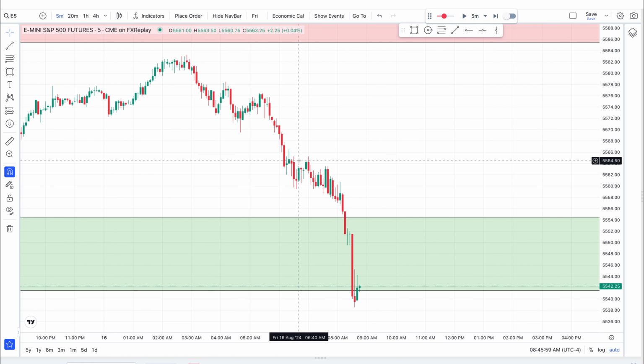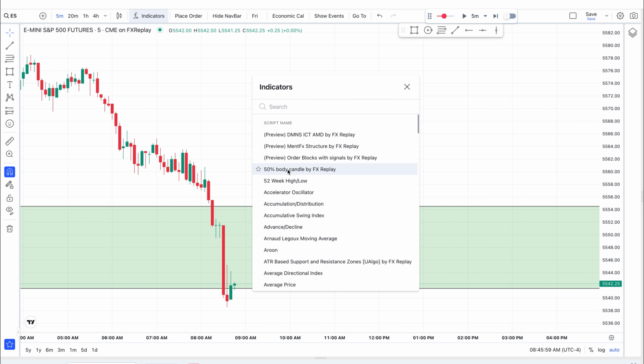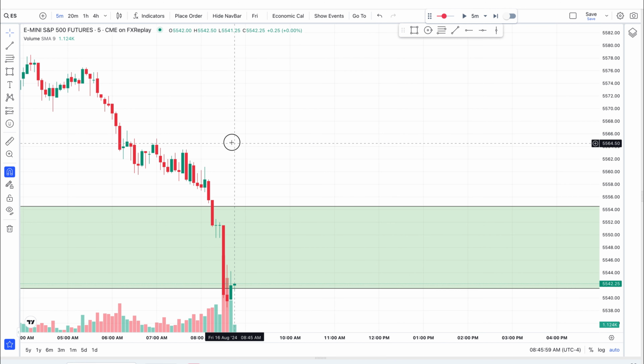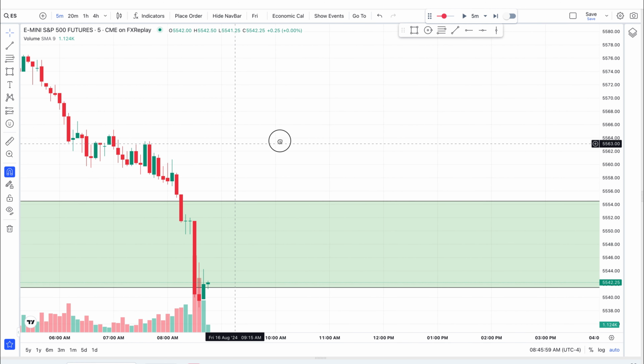However, when watching price action, the narrative starts to change as we start doing some interesting things down here, which we're going to get into right now. He incorporates what's called volume. Volume is an indicator that everybody can put in their charts, and it's supposed to show you the buying and selling pressure of buyers and sellers in the marketplace.